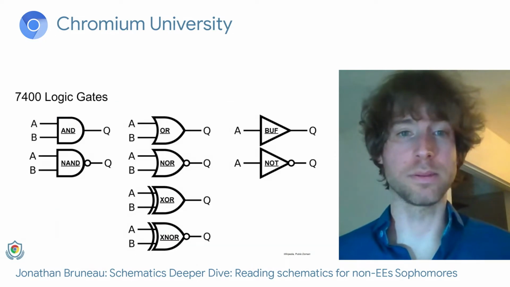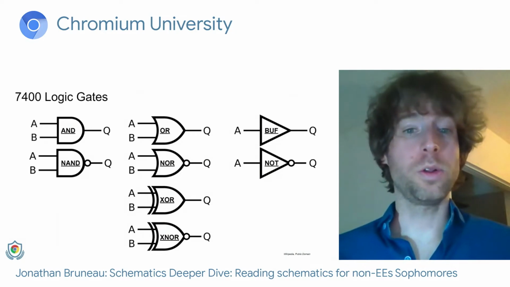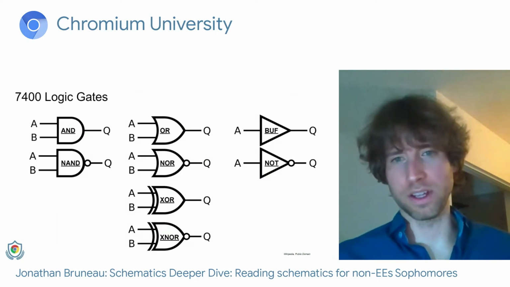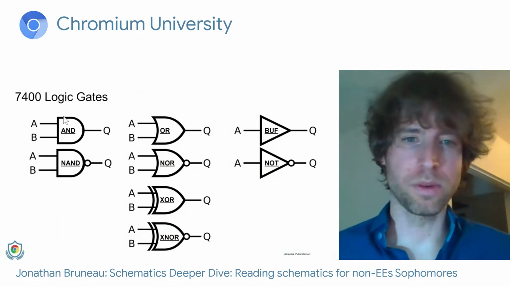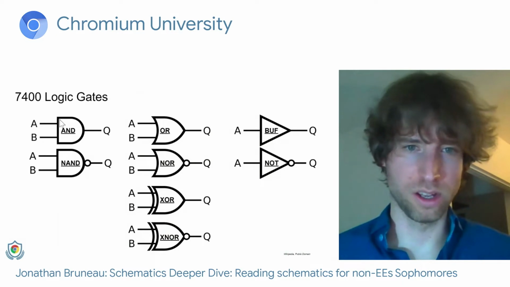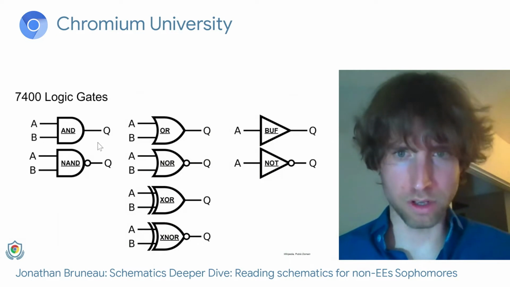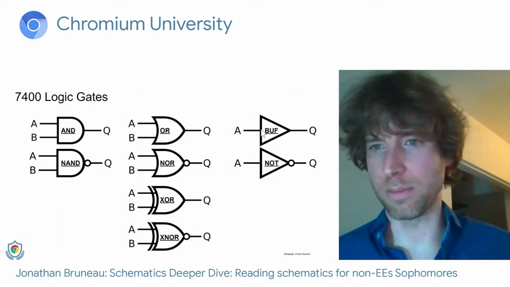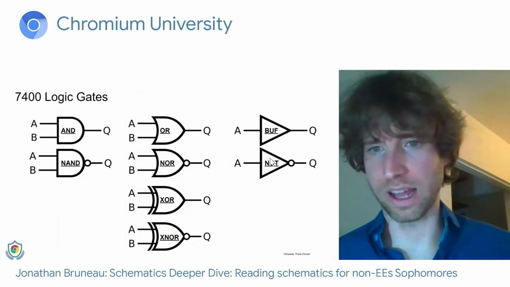But I digress. Okay, there's a whole series of logic families, and we use a splattering of these in our Chromebooks. Really, the important thing here is that AND gates kind of have this rounded rectangle shape to it. OR gates kind of have that arrow, and the buffer or the NOT gate is just a flat out triangle.